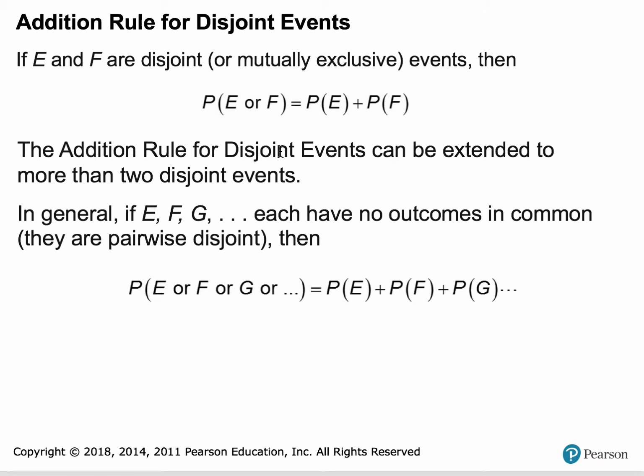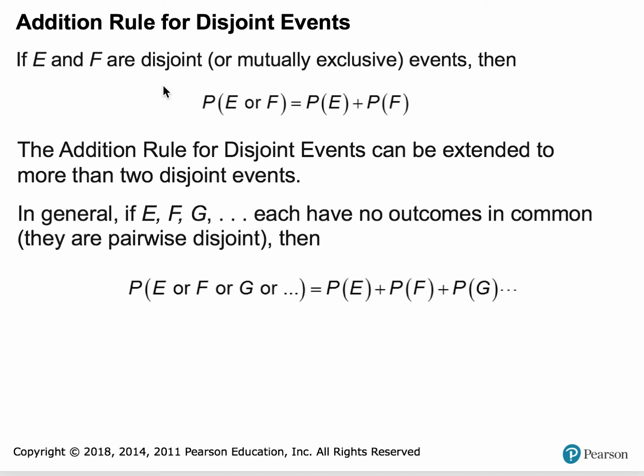Okay, so here it is again, right? The addition rule for disjoint sets. If E and F are disjoint, which also means mutually exclusive, meaning the events cannot happen at the same time, right? So if you're rolling a die, you can't get an even number and an odd number on the same roll of the single die. We call that mutually exclusive.